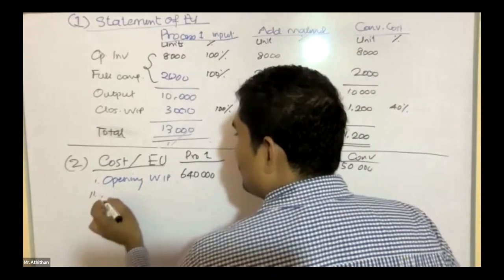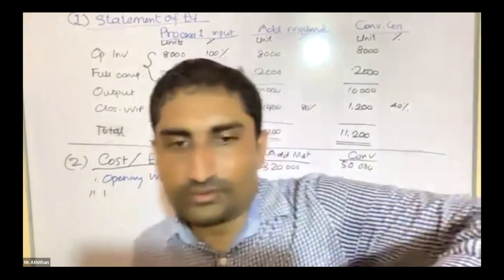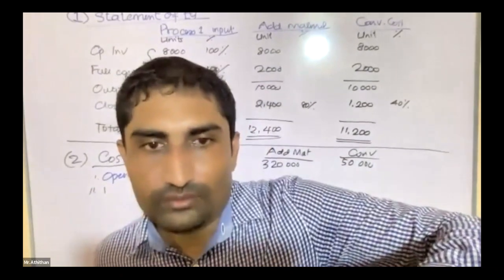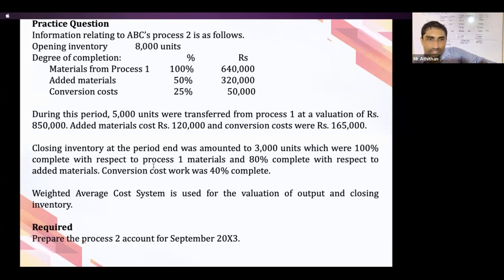Second input, added during the period. During this period, 5,000 units were transferred from process 1 at a valuation of 850,000. Added material cost 120,000. Conversion cost 165,000.